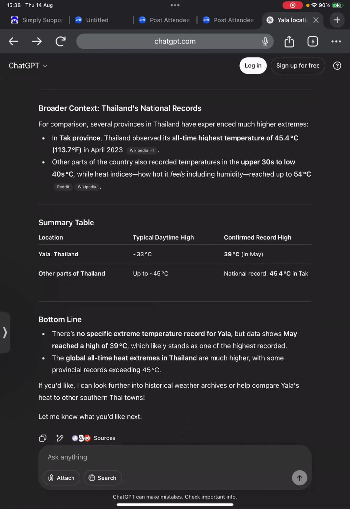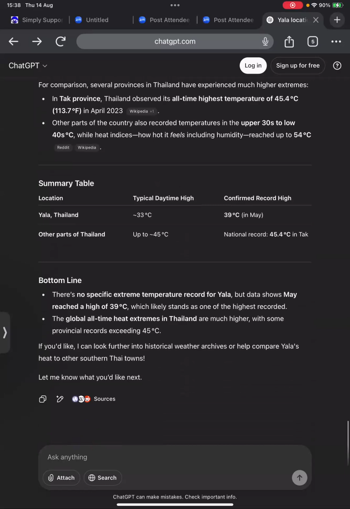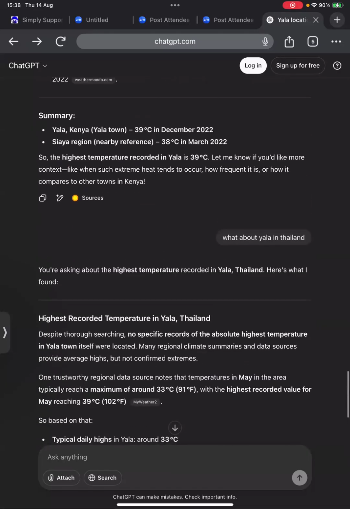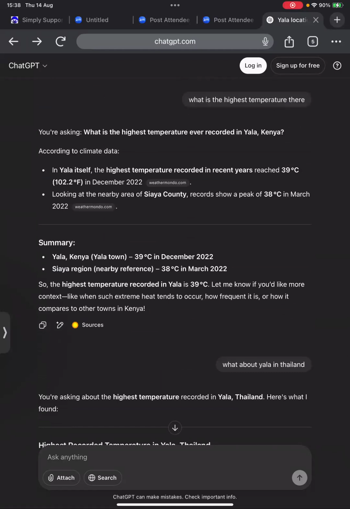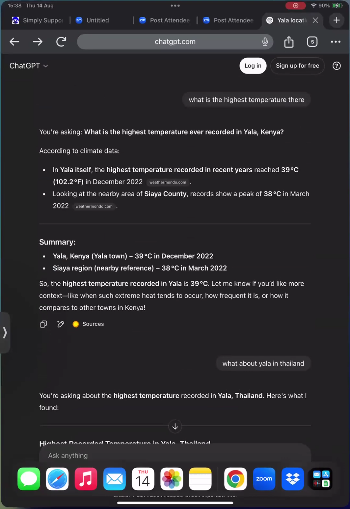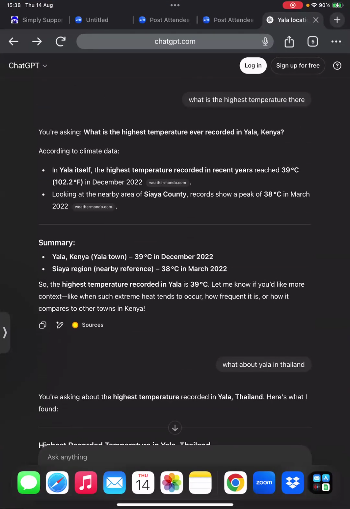Hmm. So it's about the same, despite us being slightly above the equator. All right, that's good to know. Let's carry on.